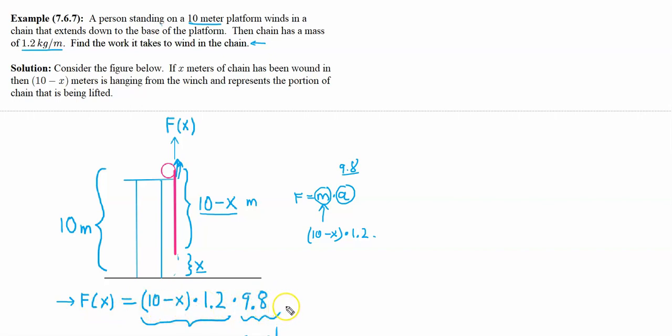Now we have to figure out what we need to do with this function. Well, from the theorem we saw previously, we need to integrate it. But what do we integrate it from? Well, when the chain is all the way on the ground, x is equal to 0.